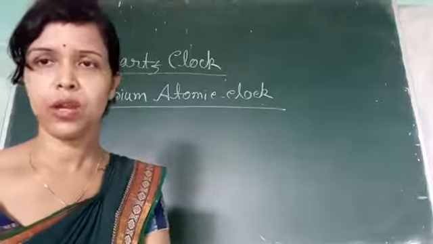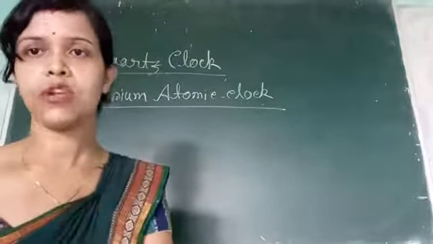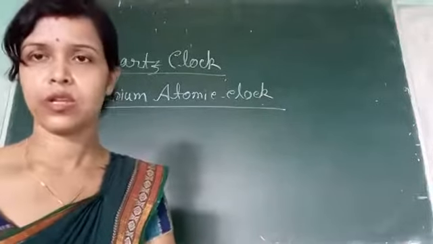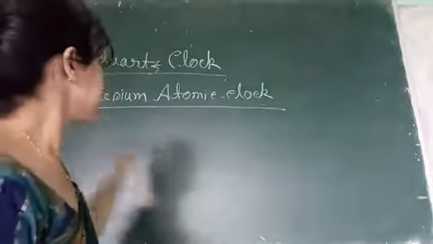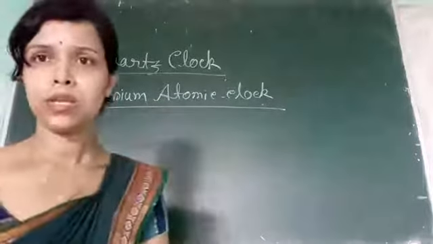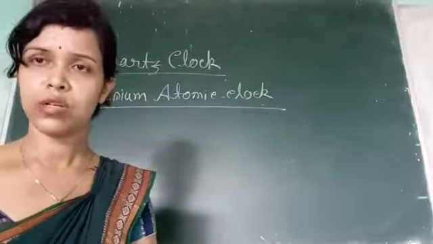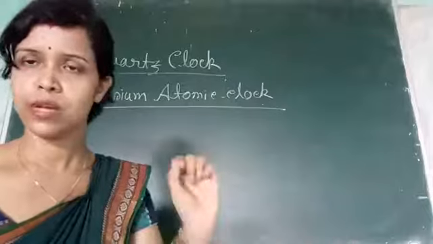Periodic vibration occurs within the atoms, and this clock depends upon that vibration. So this is another kind of clock. These are the clocks with the help of which we can measure the time interval.